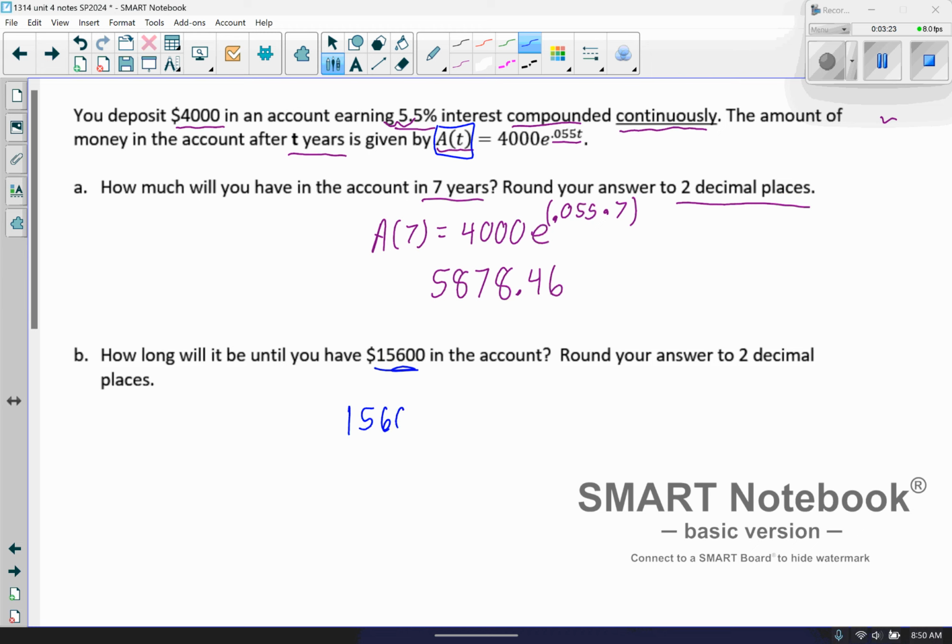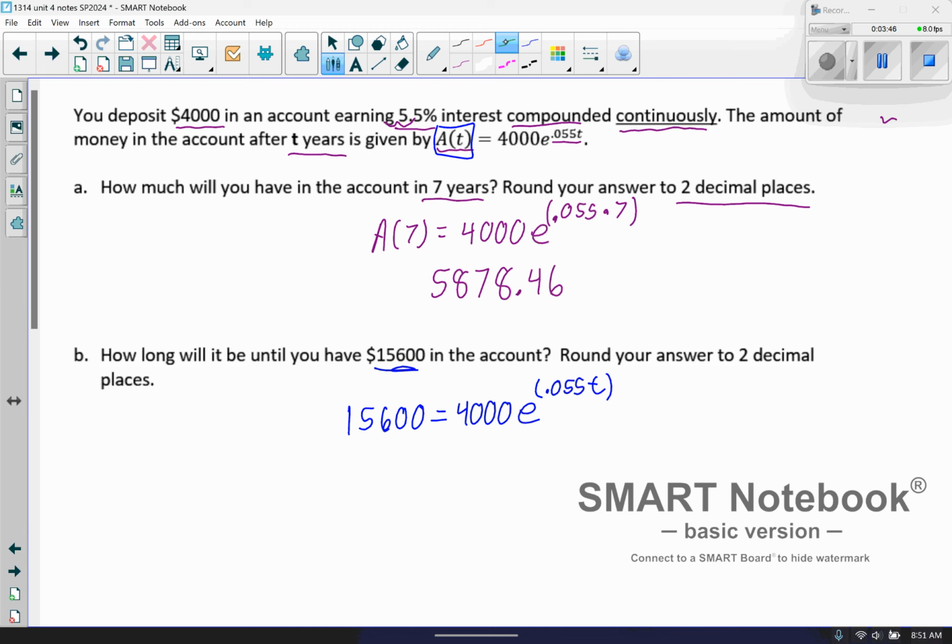So I have the left side already. I know what I have here. And then 4,000 times e raised to the power of my rate, which is going to be 0.055. And this time I don't know what t is, so I just put t. Now I'm asked to solve for this.